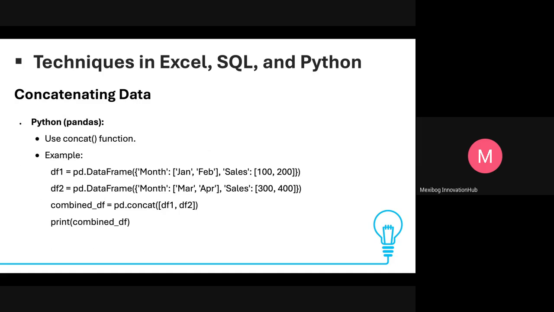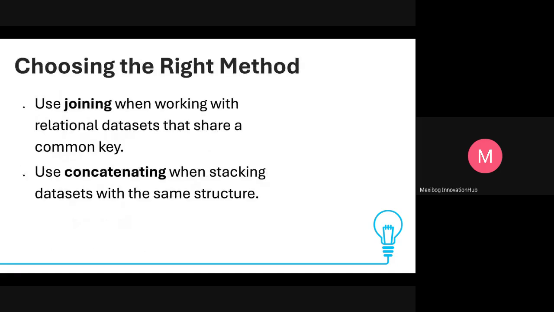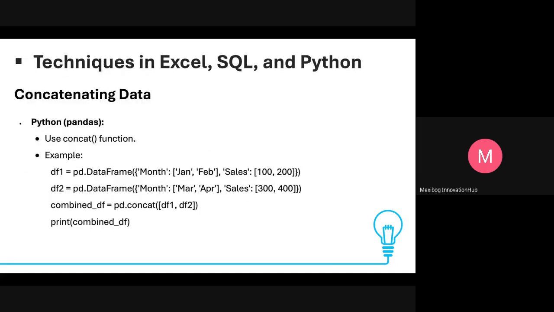Then you print now. For the combined, you use a variable called combined_df to carry out this pd.concat function. So it merges df1 and df2 together, then you now print the combined. That is its application in using Python, concatenating.